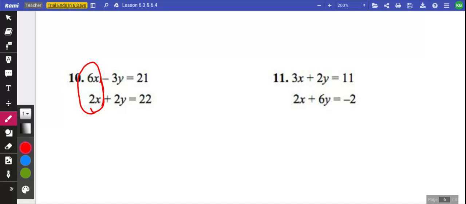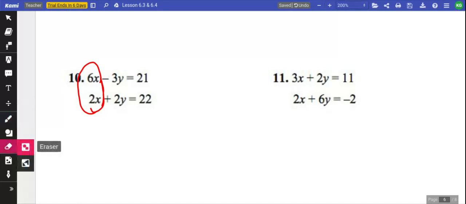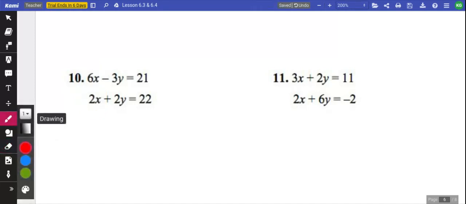Now I know I'm going to need one of them to be a negative, and I also need to make them matching coefficients. So if I multiply 2x by negative 3, then my coefficients will be 6x on the top and negative 6x on the bottom, which will cancel out.